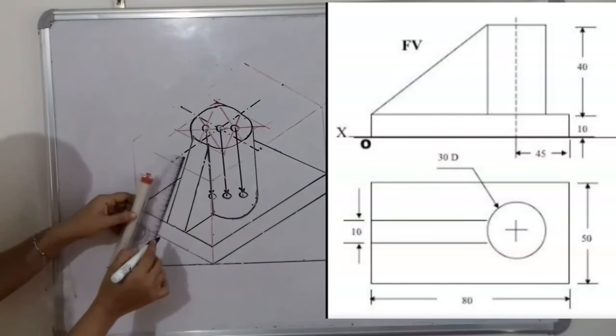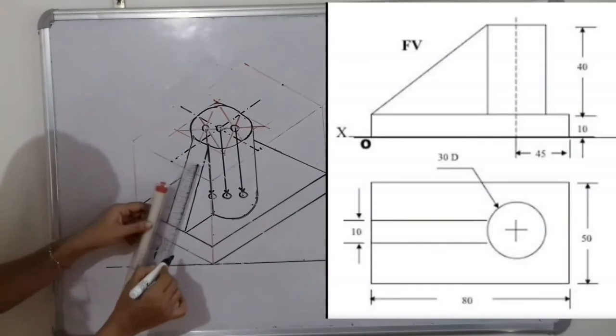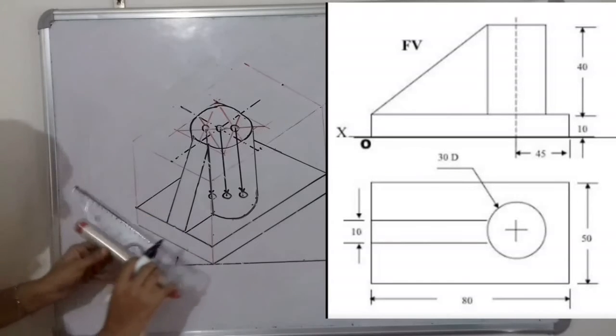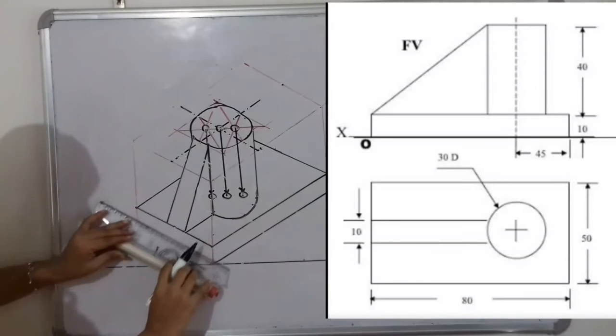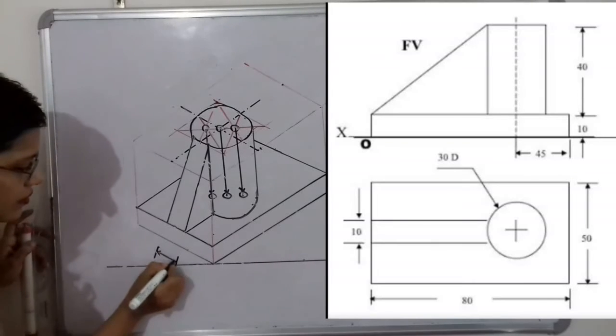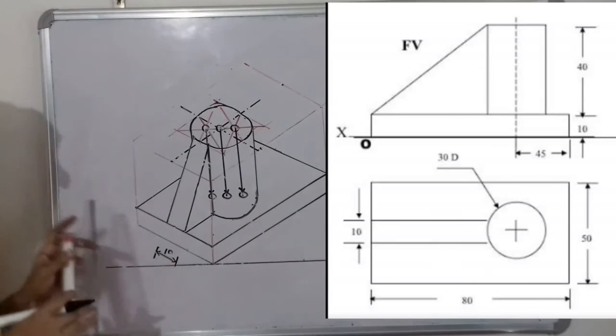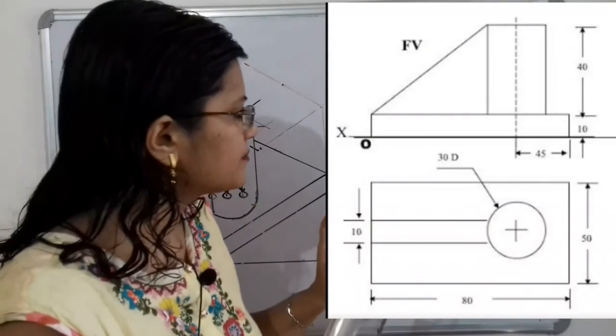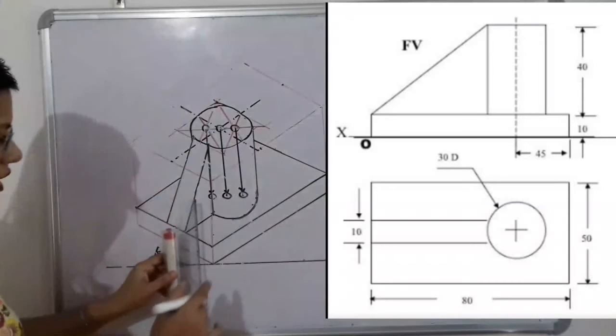Now in the same way we want to give for this rib of the slope. So again we have to take the line parallel to this rib, and on the width line we will take this line, and here we will show the 10 millimeter. Now again if we observe, there is the total length that is given.